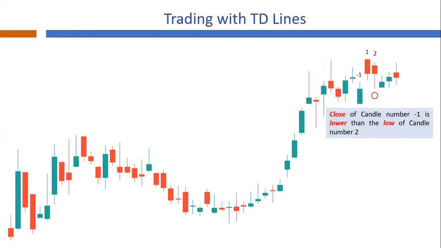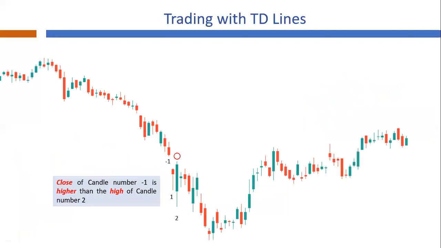You can also see a gap up opening after the green candle, that is after candle number -1. In such a scenario, we will not consider the red candle, that is candle number 2, as a TD demand point.